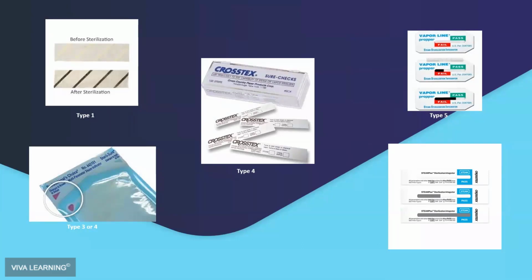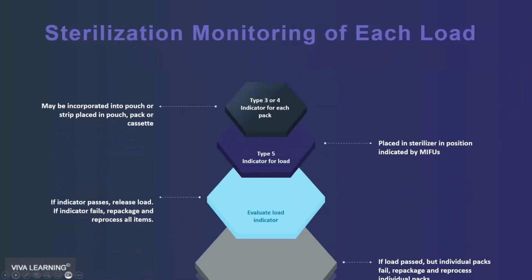You can run it on an empty load, but if you're doing your weekly spore test, you run it in a load of instruments according to the manufacturer's instructions. And again, if they differ, follow the equipment instructions.